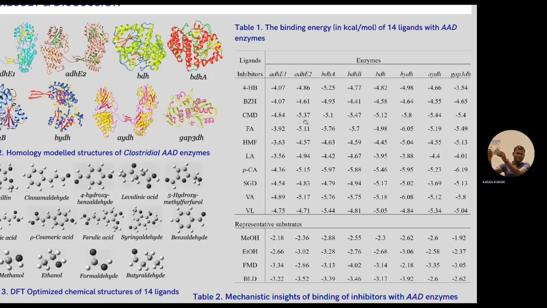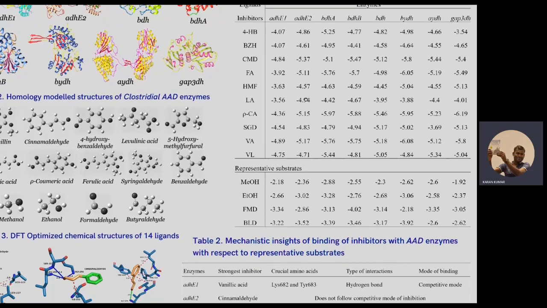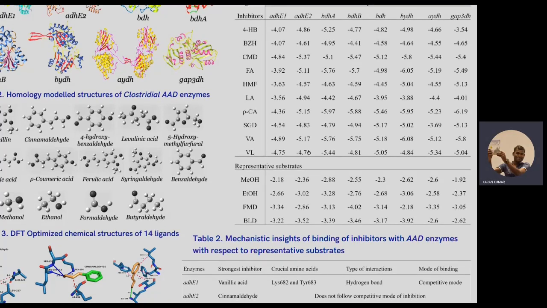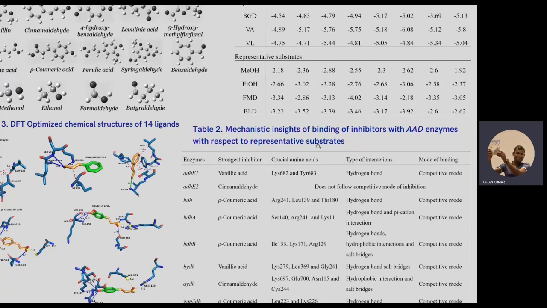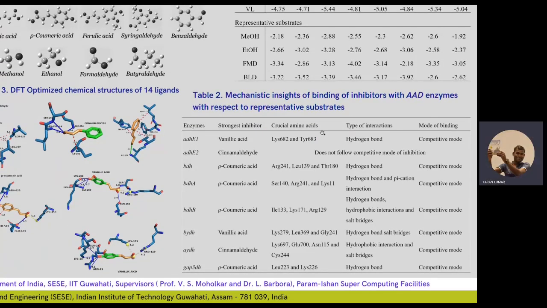Using the comparative study of the binding energy and the structural bonding information with respect to the representative substrates, we were able to identify the mode of interaction and mode of binding of the substrates, which are listed in table 2. The strongest inhibitor for the respective enzymes is also given in table 2.